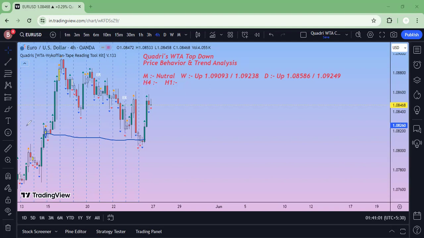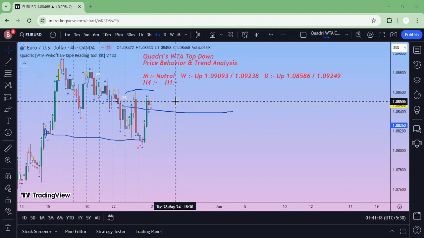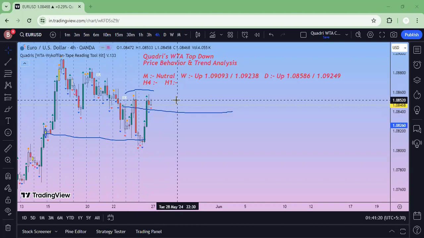So we have bounced back from this particular area. So if we have held this particular effort versus result price, that means 8429.